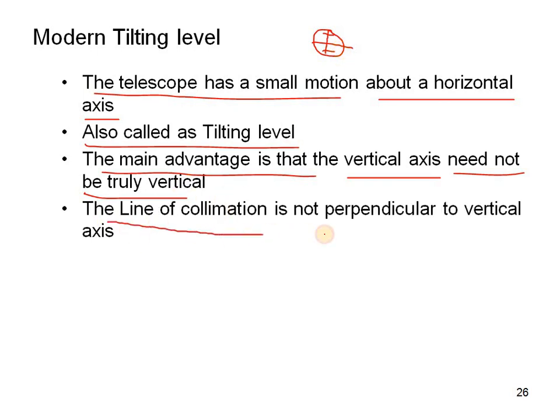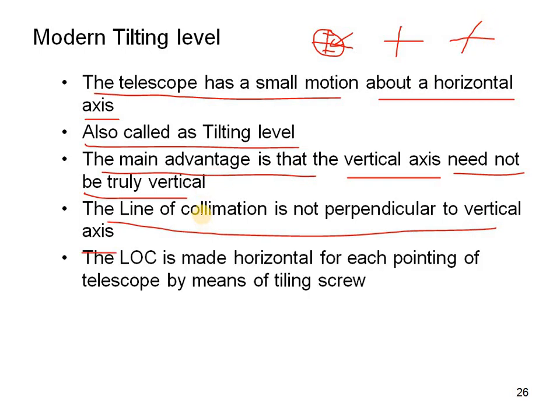And the line of collimation is not perpendicular to the vertical axis. The line of collimation means the center horizontal line, which will not be exactly perpendicular to the vertical axis. And here the LOC, the line of collimation, is made horizontal for each pointing of the telescope by means of the tilting screw.